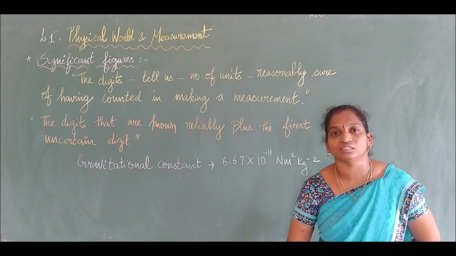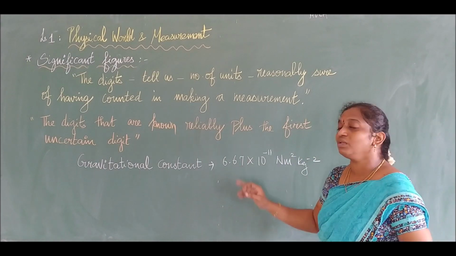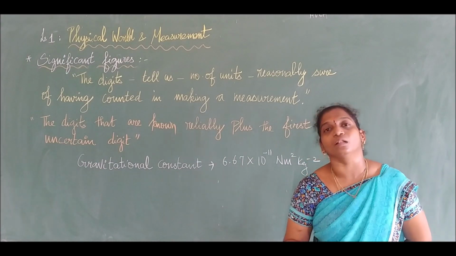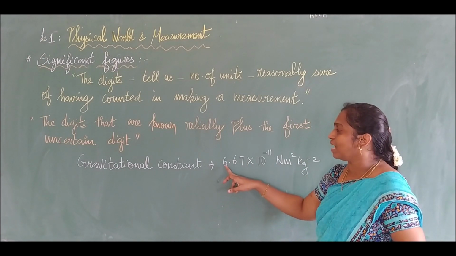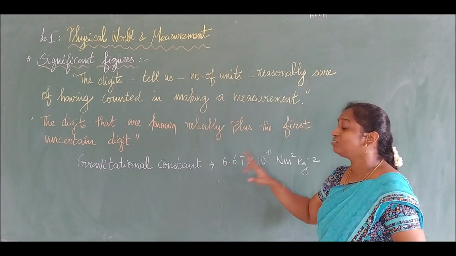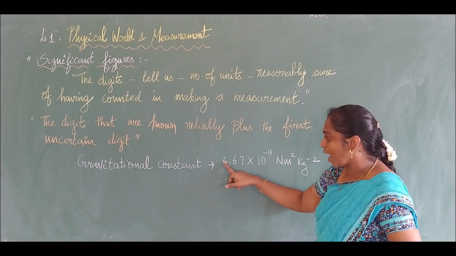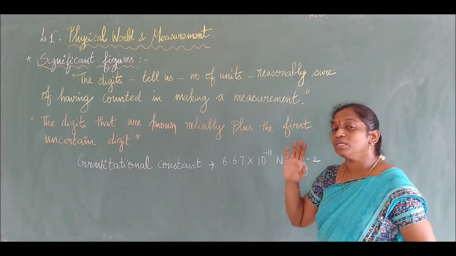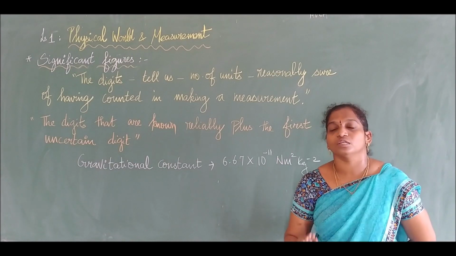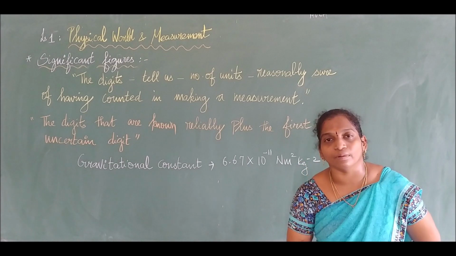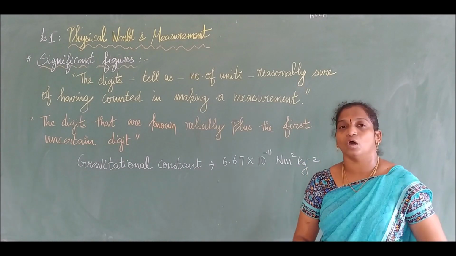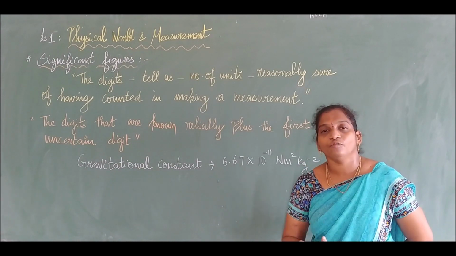The second decimal can be somewhat variable, but anyhow it is countable. Therefore, this gravitational constant has 3 significant figures: 1, 2 and 3. These are said to be significant figures. We count the numbers and say how many countable numbers there are in a number in a meaningful manner.